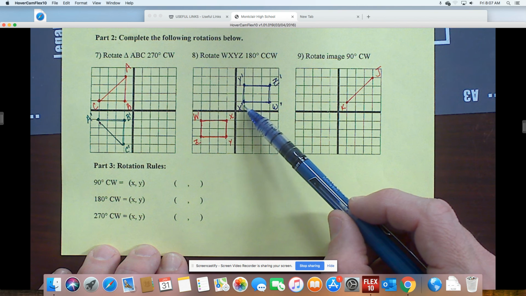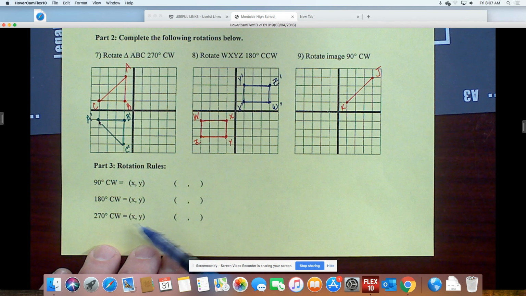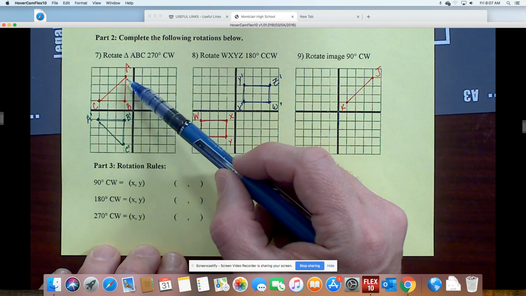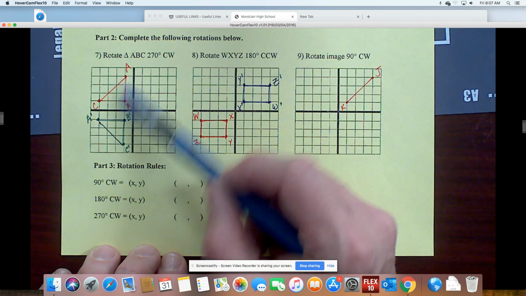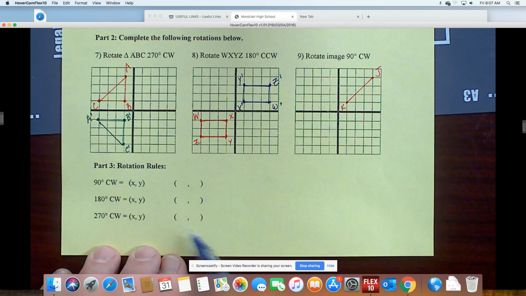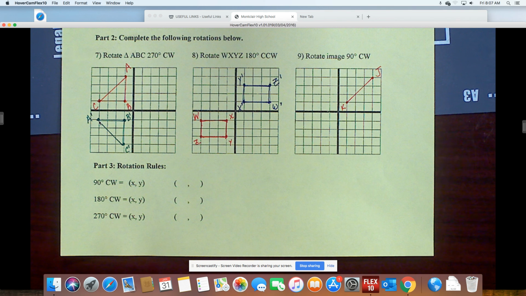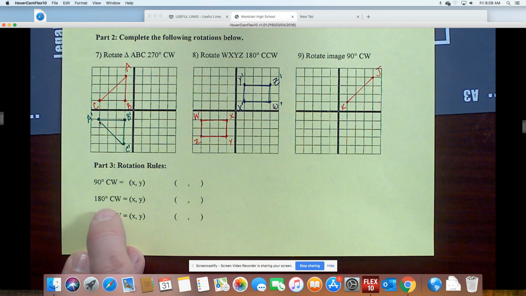How do they change? When you go 270 clockwise, which is over here, how do the values change between A and A prime? So maybe write down the coordinates and try and figure out how they change and what the rule would be for any rotation of these measures of degree.